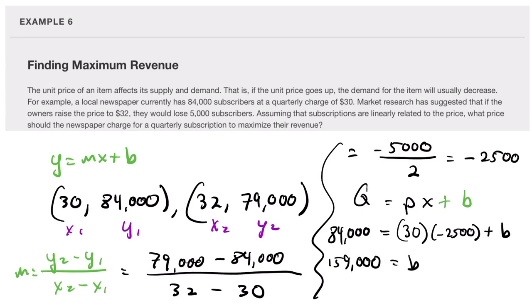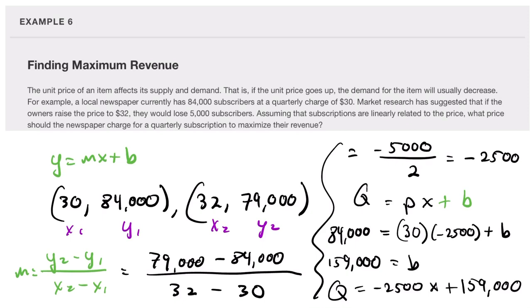So the number of subscribers is decreasing by 2,500 for each dollar increase in the price, and this is X plus the 159. Okay, let's see if this works.